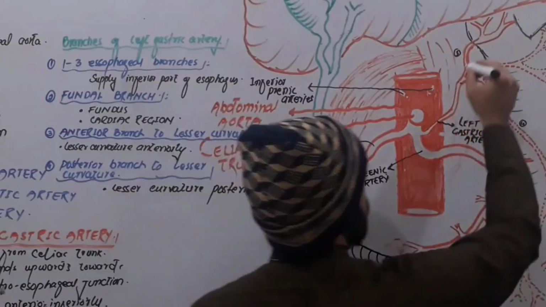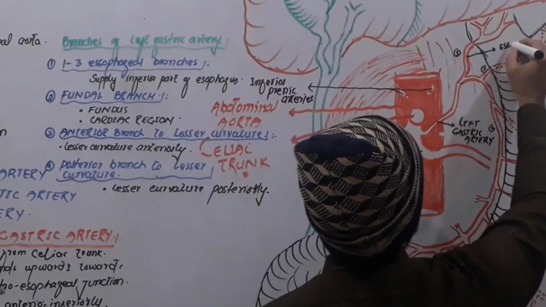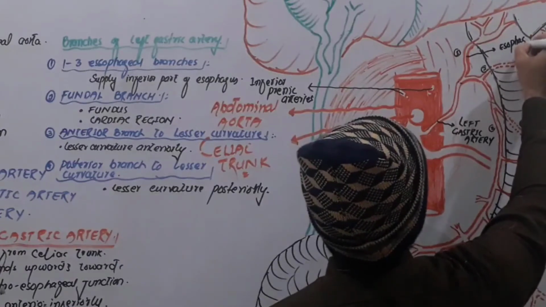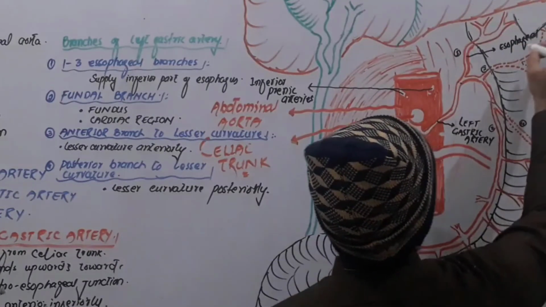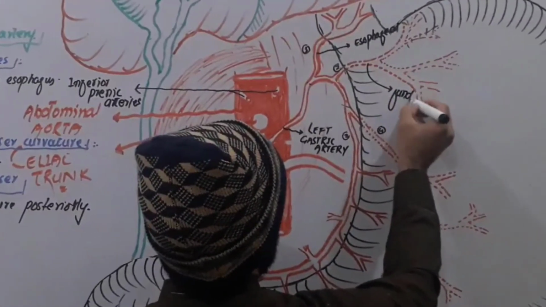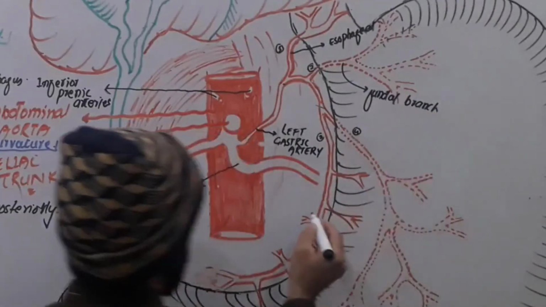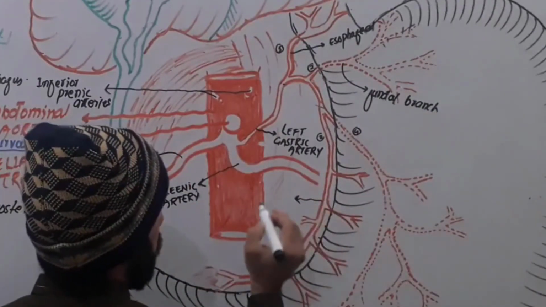So let me mention the names of these arteries. These are called the esophageal arteries. This should be our fundal branch, right? What is this, friends?